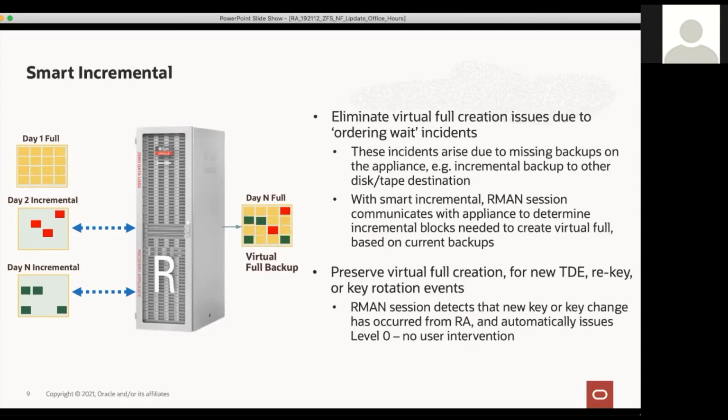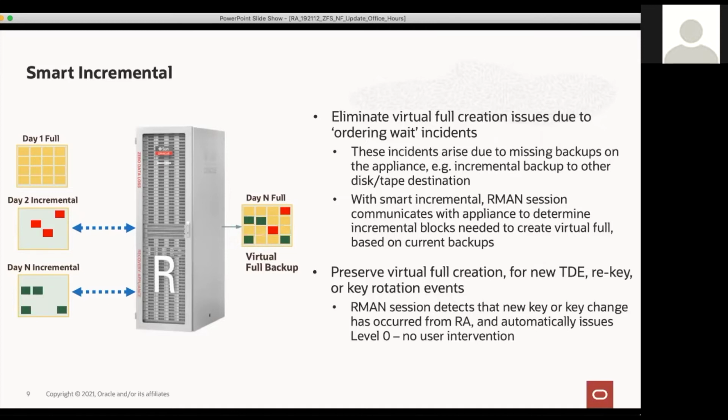These all require today a new level 0 to the Recovery Appliance. And there are cases where a DBA and an RA admin are in two separate groups, right? Two different roles. And the RA admin does not know when TDE has been enabled or when rekey operations have been done by the DBA, and they suddenly see these incidents like encryption key mismatch and so forth, right?